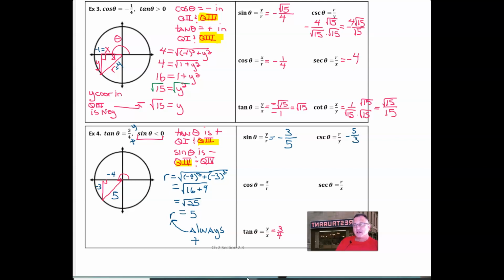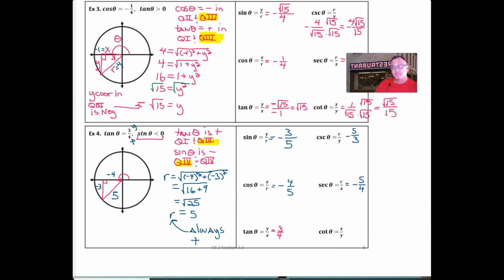All right, x is negative 4. R is 5. And cotangent is going to be y, 4 over 3. 4 over 3.